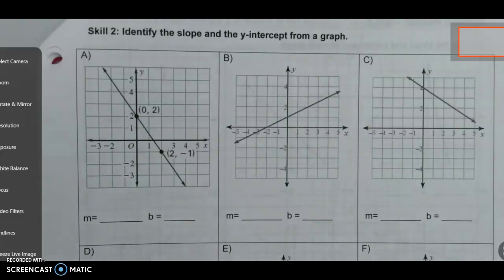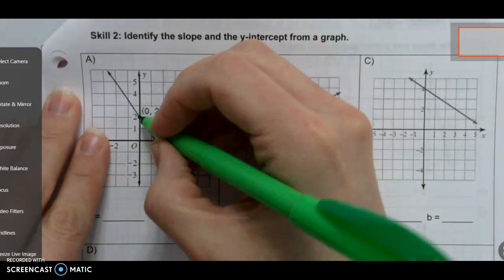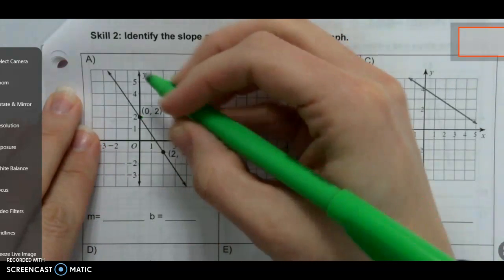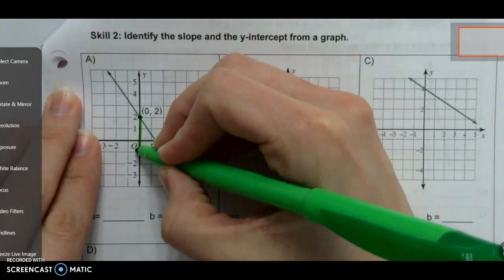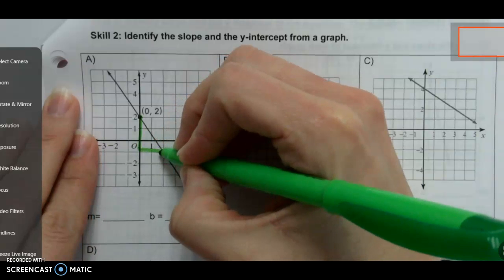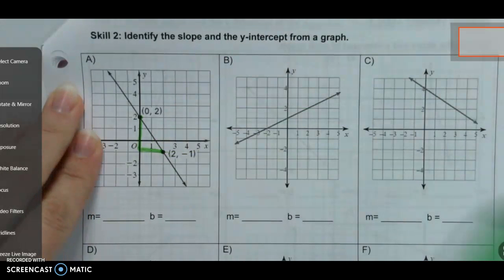I've turned to page 17, and this is skill number 2. Skill number 2 is still identifying the slope and the y-intercept. It's just identifying it from a graph instead of from the equation. So slope is something that we have done before, where we're going to start on the point that's on the left here, and we're going to count down and then count over. And that's going to be our slope written as a fraction.